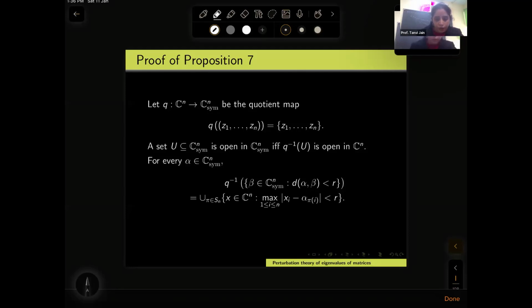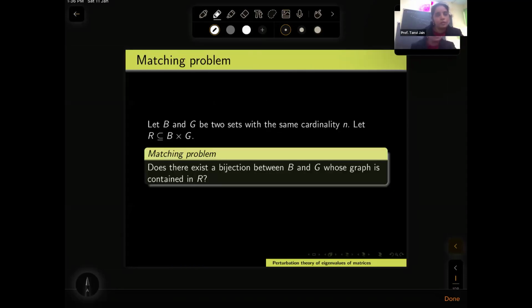We will come back to this C^n_sim and the quotient topology, and we'll return again and again to the optimal matching distance.